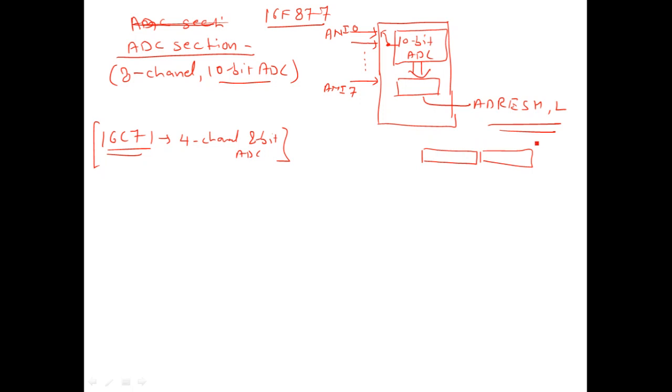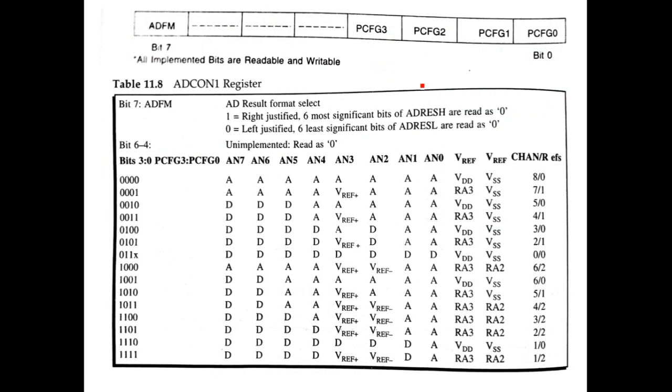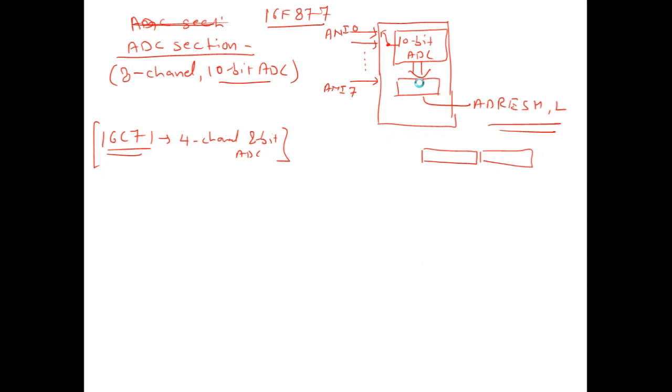So a total of 16 bits are available. Out of that, 10 bits are used to store the result. That's how the result is stored in these registers. Through the program, you can read the content of these so that you can get the output of this ADC. Once you have understood this, then let us see how the ADC is managed.